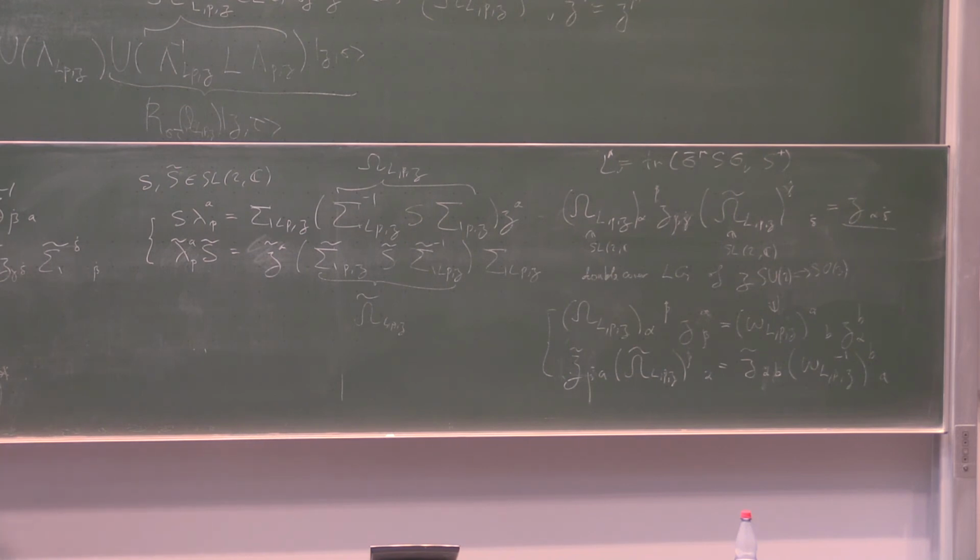So whatever I wrote for SL2C works for SU2 because SU2 is part of SL2C. So the legal way to raise and lower indices for these guys is also Levi-Civita, the same Levi-Civitas that I've introduced before. But now they act on a different set of indices. But for the same reason, just because SU2 has matrices of unit determinant.